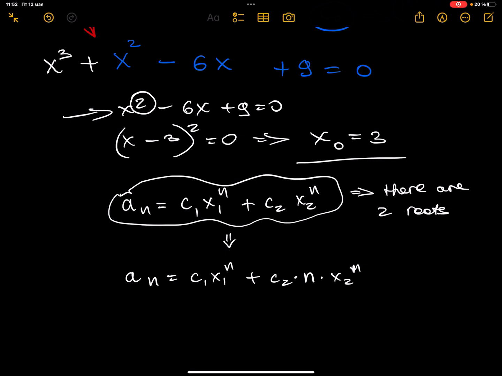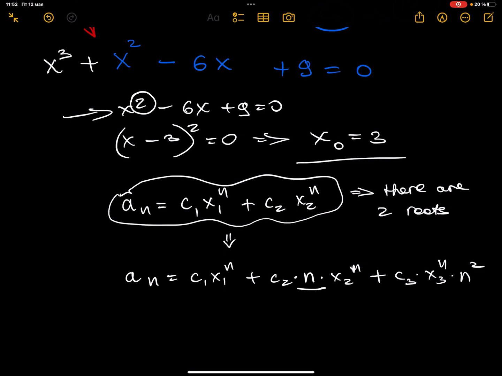In that case you will also have c3 x3 to the n, but you have one root which is the same. Typically in a third order polynomial equation you will have three roots, but here you have two. In that case you add n in the second position and n to the power 2. I hope you got the idea.